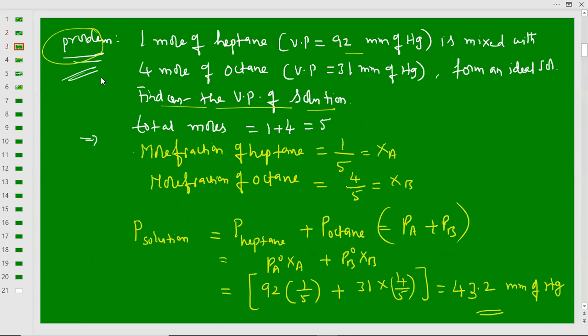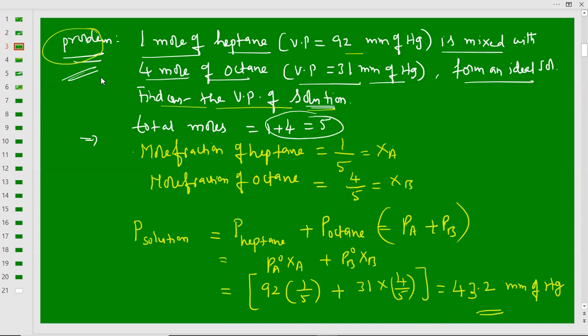Okay, now we'll take a problem: 1 mole of heptane, vapor pressure 92 millimeter of Hg, is mixed with 4 moles of octane, vapor pressure 31 millimeter of Hg, forming an ideal solution. Then find out the vapor pressure of the solution. You know, 1 mole of heptane and 4 moles of octane, the total number of moles will become 5.